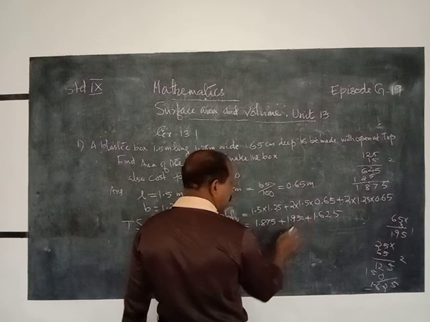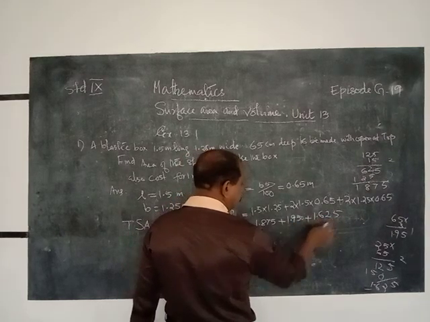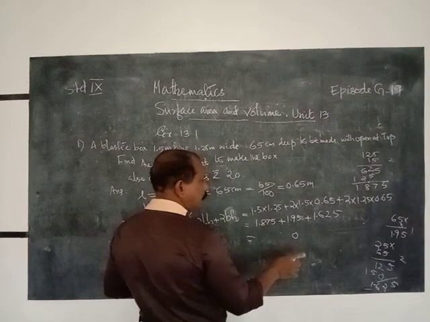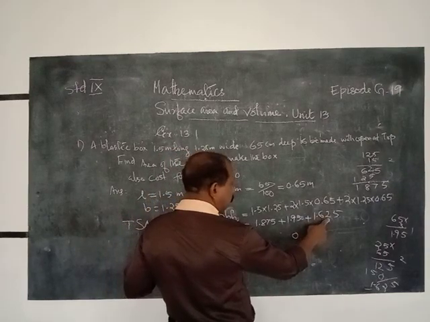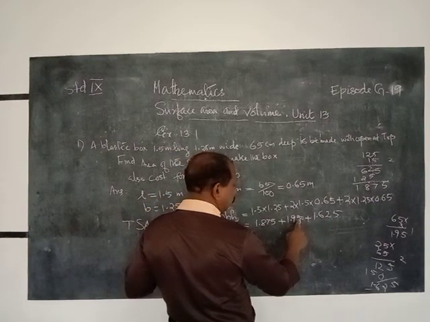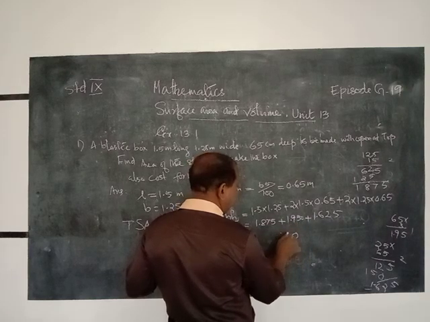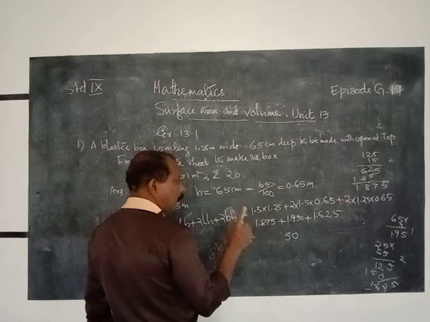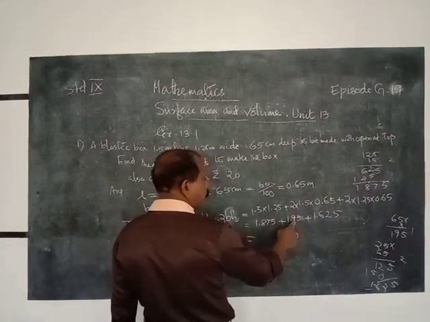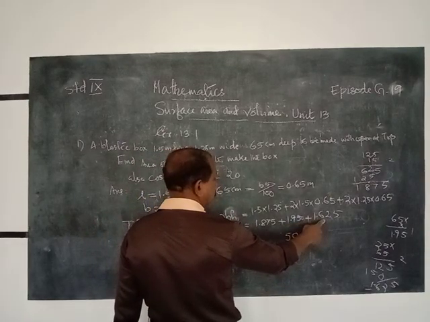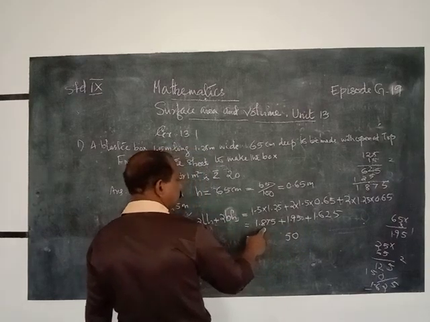5 plus 5 is 10, 0, remainder 1. 2 plus 1, 3. 3 plus 5, 8. 8 plus 7, 15. Remainder 1. 6, 9 plus 1, 10 plus 6, 16. 16 plus 8, 24.